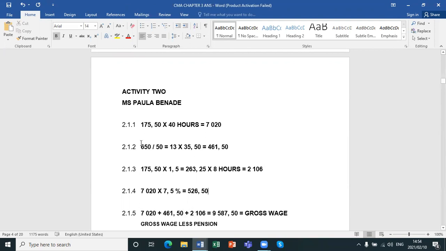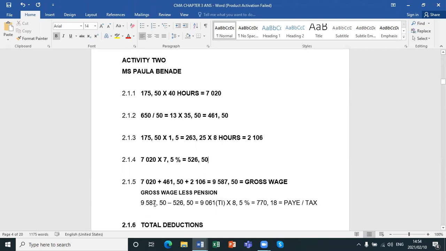So you take 2.1.1, 2.1.2, and 2.1.3, add them together, and you minus the pension. There's your taxable income. And now you multiply it by 8%, and there is the tax. So there's 2.1.1, 2, 3, 4, and 5.